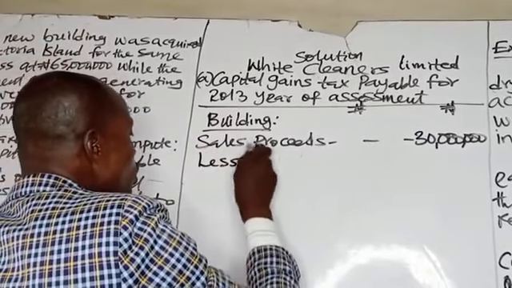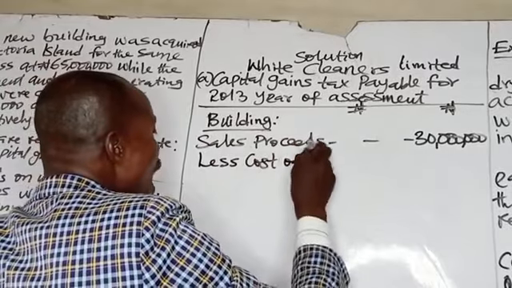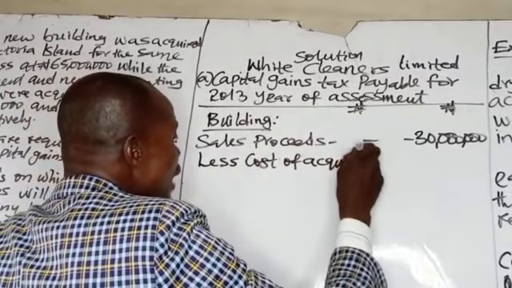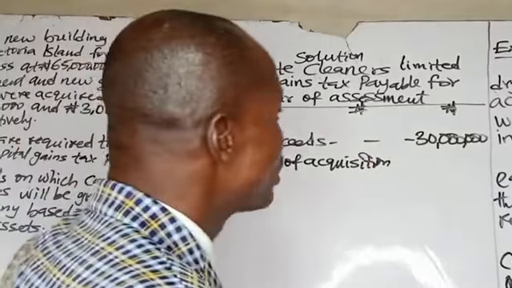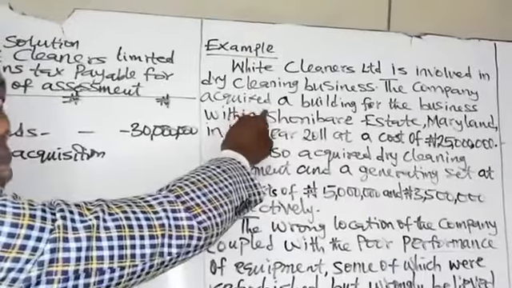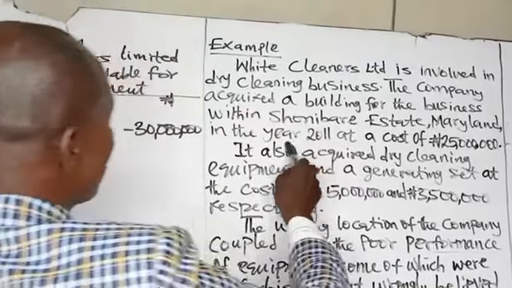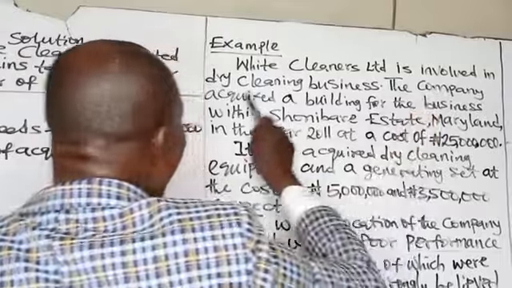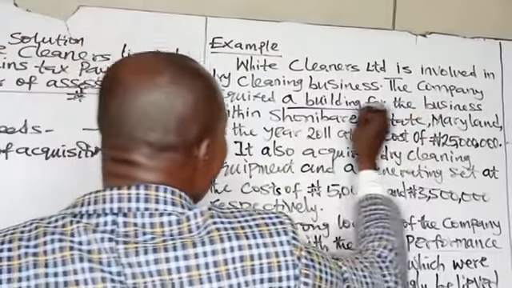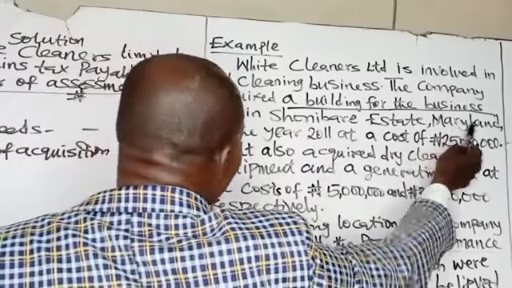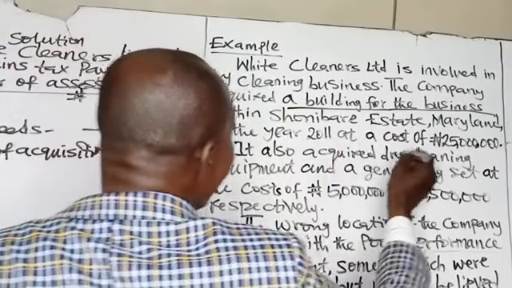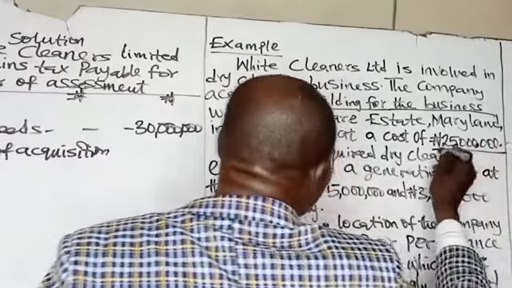less cost of acquisition. As at the time of acquisition of building, how much was the cost of acquiring the building? We were told the company acquired a building for the business within Shonibare Estate, Maryland, in the year 2011 at a cost of 25 million naira.